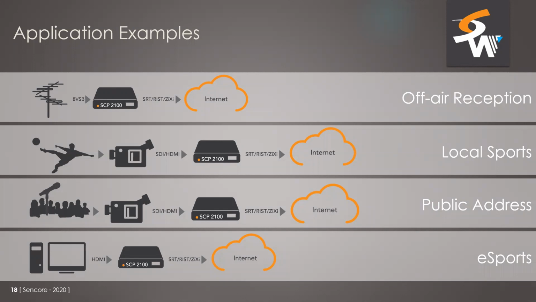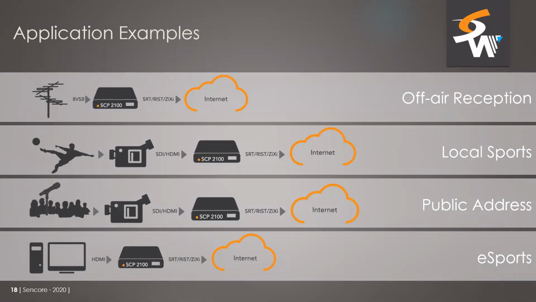Or the next one there, which is maybe a sports broadcast. And this probably isn't what you would typically think of as a sports broadcast, as say an NFL game or anything huge like that, where it probably makes sense to do some production on site, bring out the semi-trailer, et cetera. But this is more along the lines of maybe the Little League game or a soccer match or maybe a table tennis match or something like that, right?